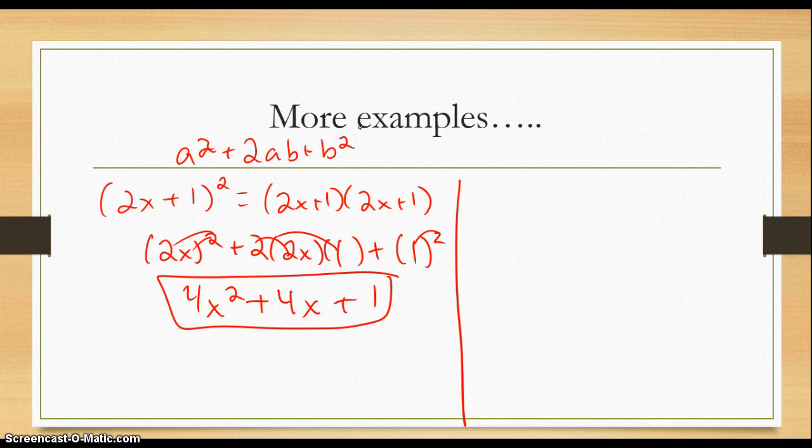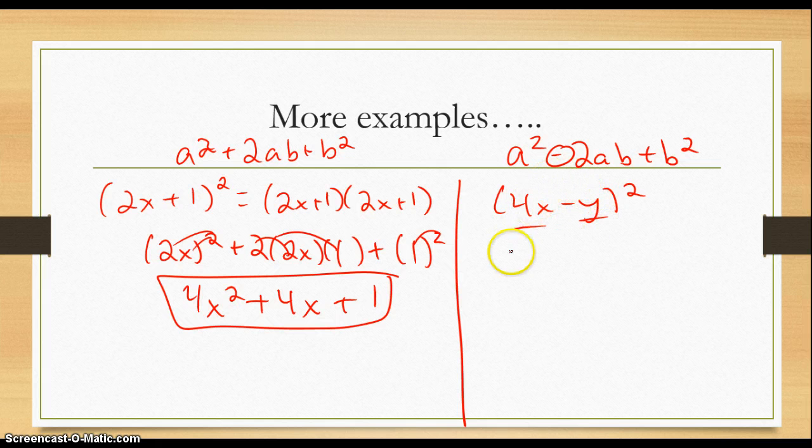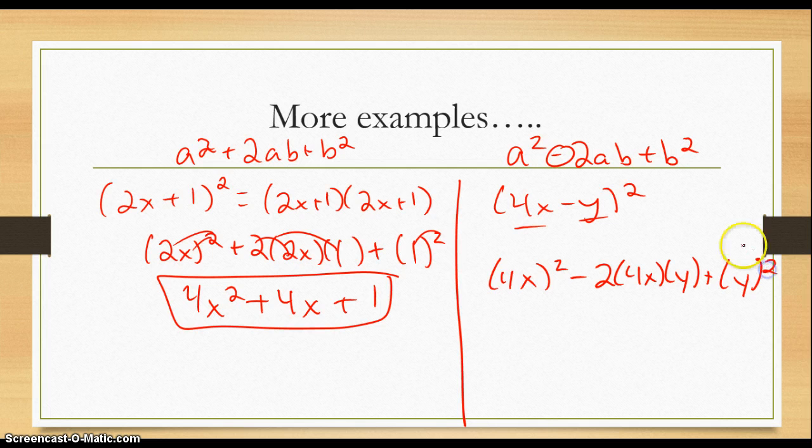Okay? And then for subtraction, remember that this is a subtraction sign now. So when we have a problem, okay, the signs don't switch. We just take a and we take b. Don't worry about that subtraction sign. So a, 4x squared minus 2 times 4x times y plus your y squared.